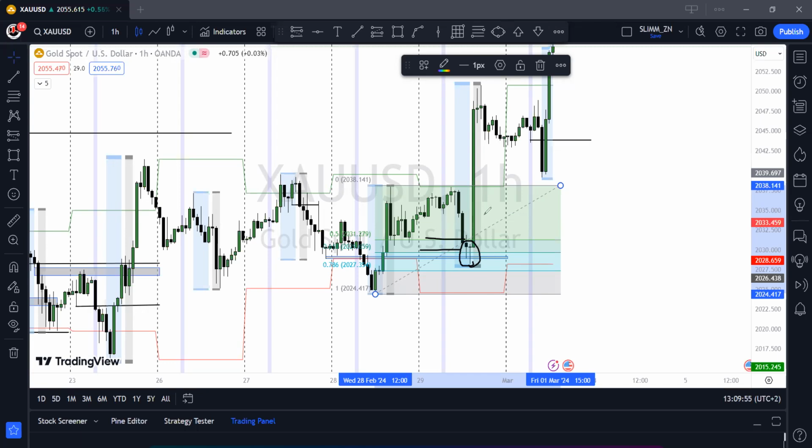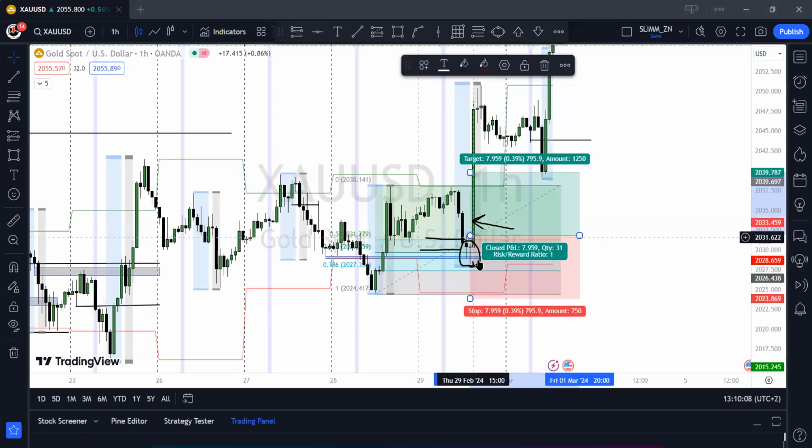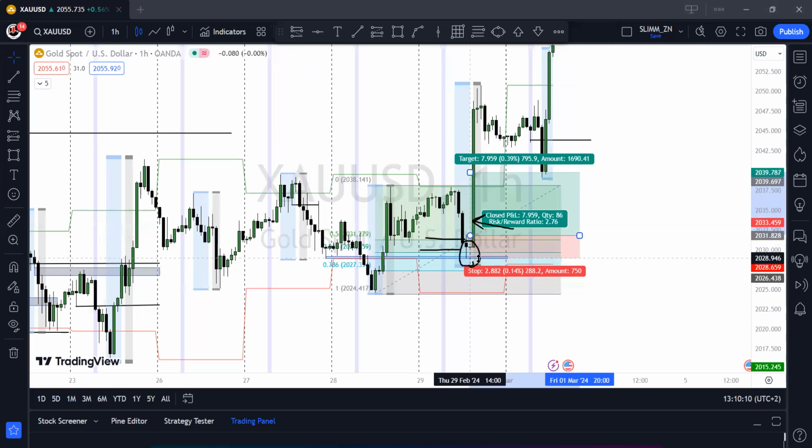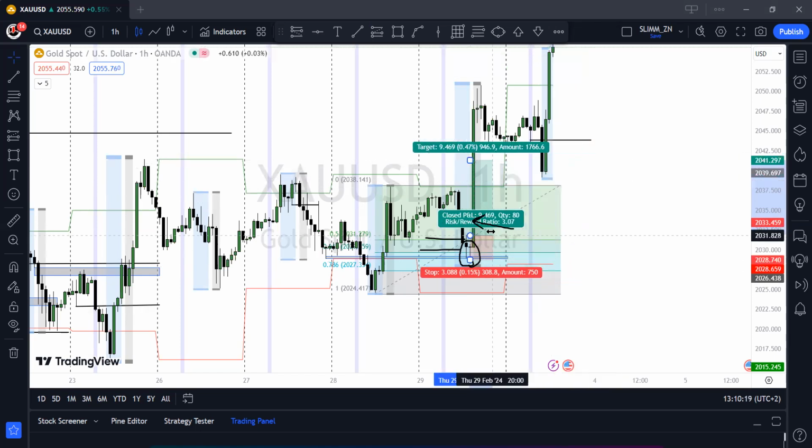Nice pin bar, and this was just like a 1 hour trade, because within an hour this price actually moved. And if you were to map out a 1 to 3 trade, let's see if your entry was even above here with your stop loss below the pin bar. 1 to 3 was actually somewhere here. So this trade was complete right there.